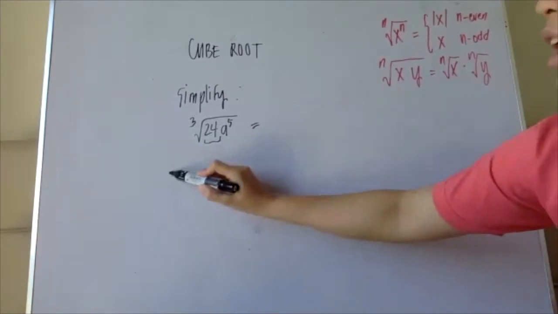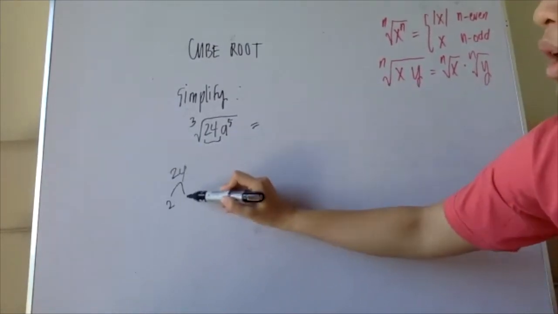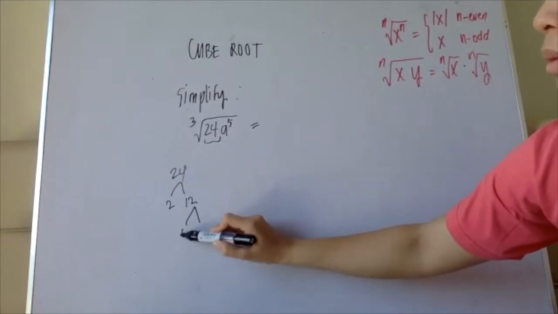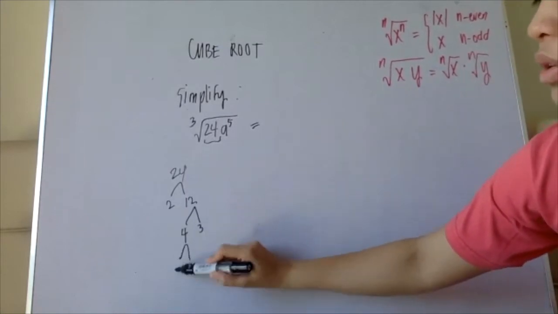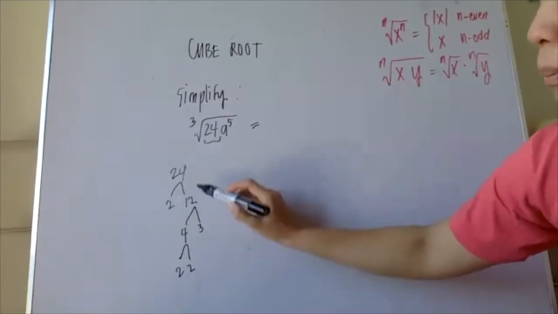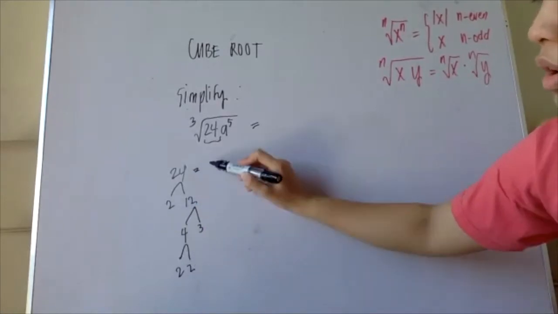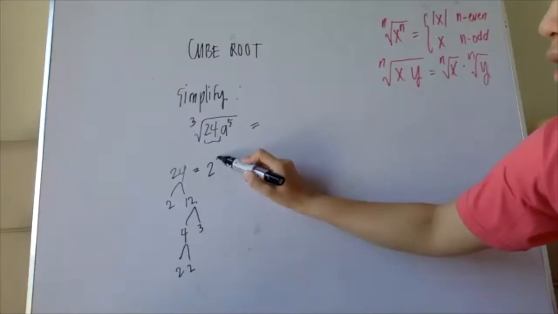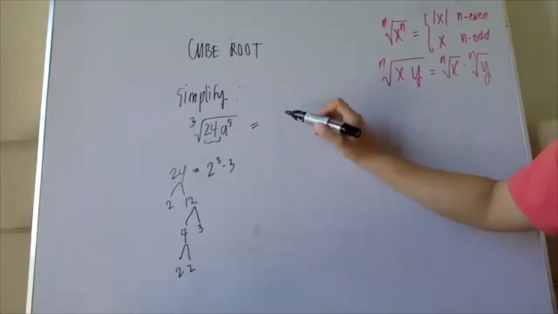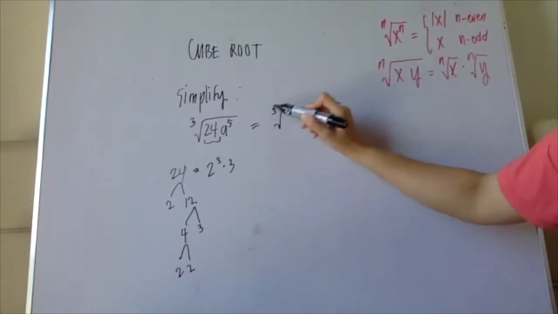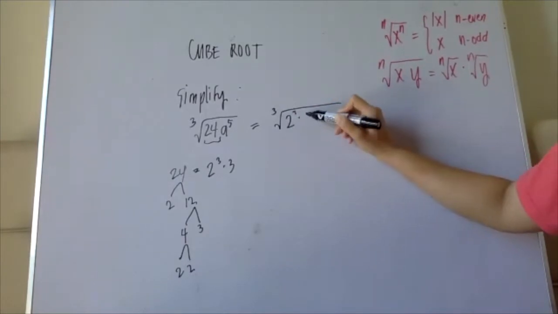So, ano yung prime factors ng 24? That's equal to 2 and 12, 4 and 3, ito, 2 and 2. So, we see, ang prime factors is 2 raised to 3 times 3. So, we have cube root of 2 raised to 3 times 3.